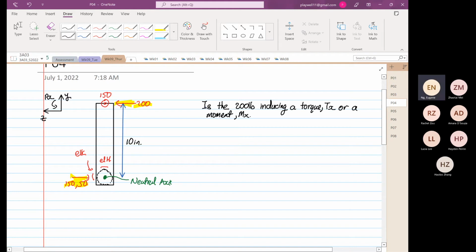And we know that Tx is equal to force multiplied by radius, and Mx is equal to force multiplied by perpendicular distance.